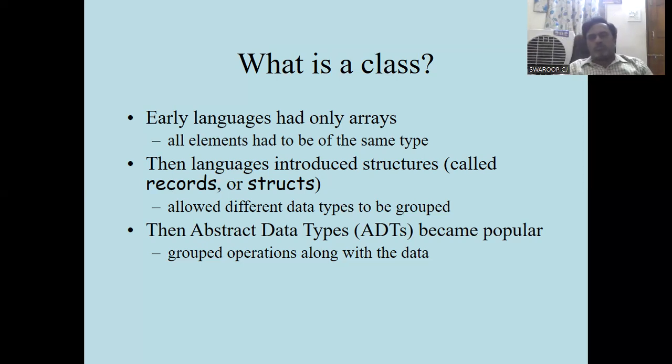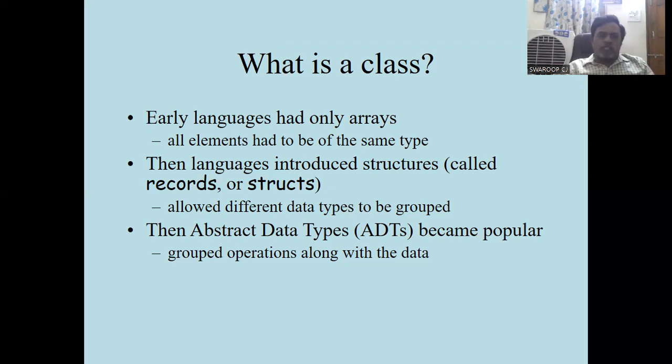What is the purpose of a method? For whatever purpose I have defined the member data, that will be performed in the methods. So methods are basically used to perform operations on member data.